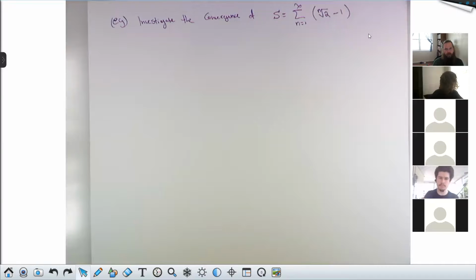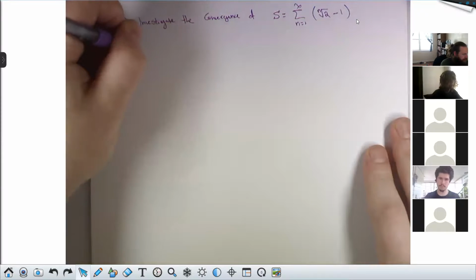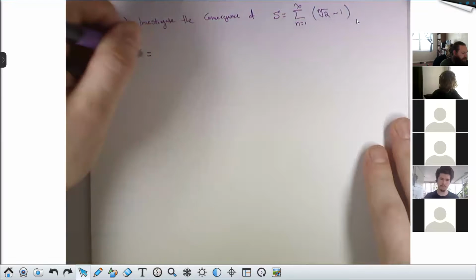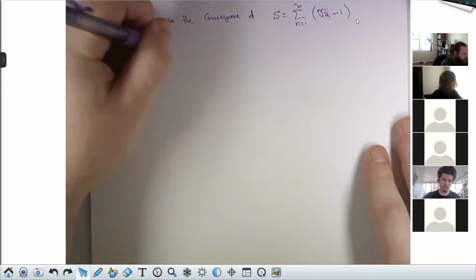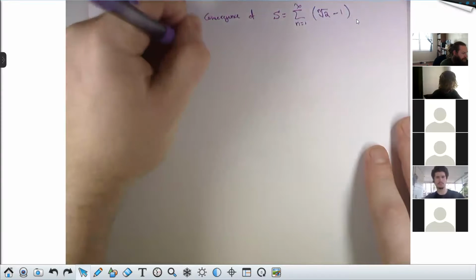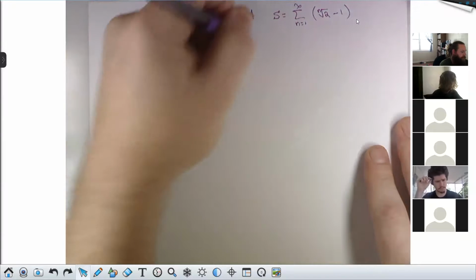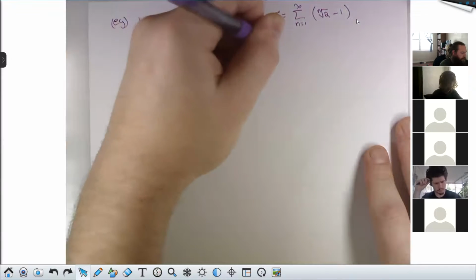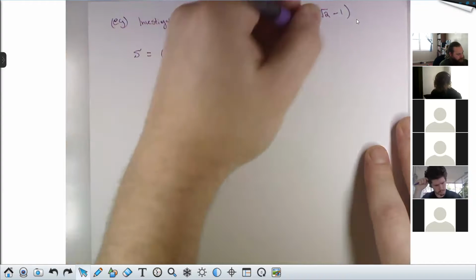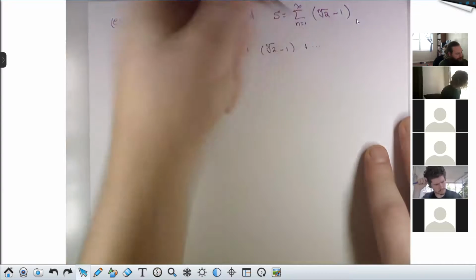The objects being summed are the nth root of 2, minus 1. Just for fun, the first few terms of this series are 2 minus 1, plus the square root of 2 minus 1, plus the cube root of 2 minus 1, plus, and so on.